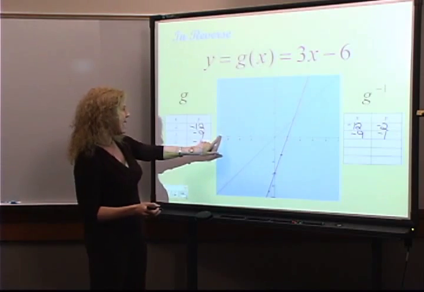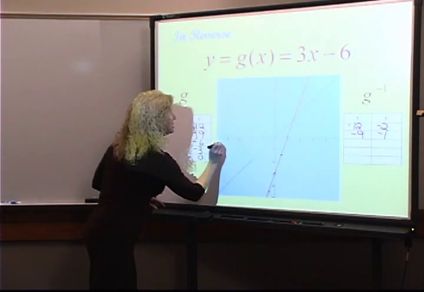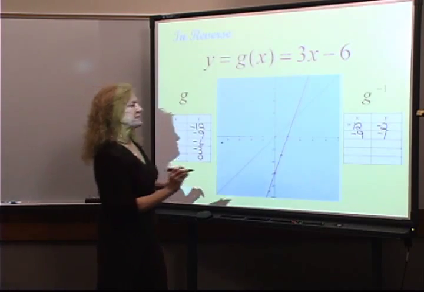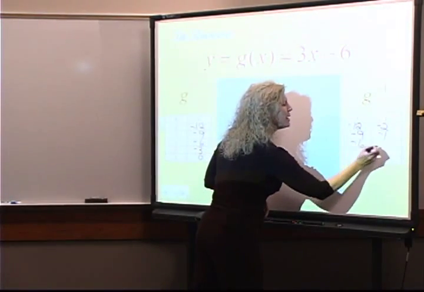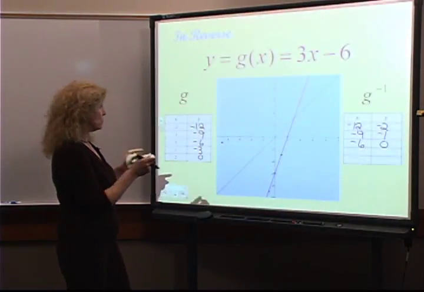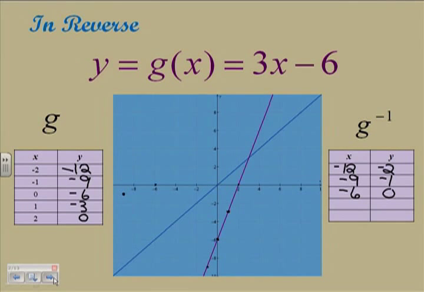And when I plot that, it's going to be about here. And the 0, negative 6 is going to turn around in reverse order to negative 6, 0, which is about there. 1, negative 3 in reverse is negative 3, positive 1. And he goes about here.